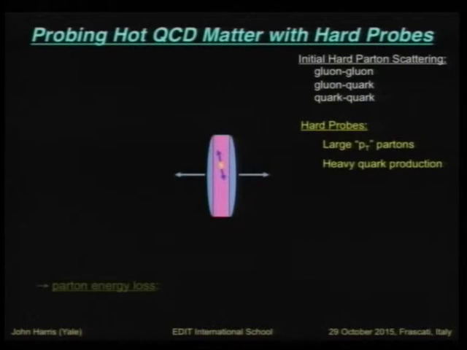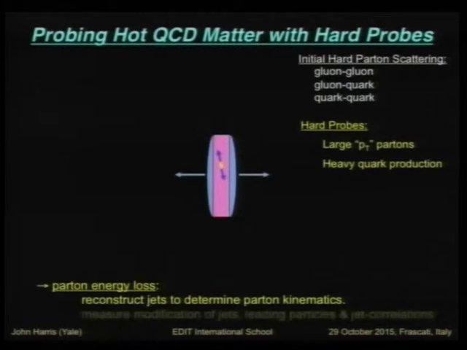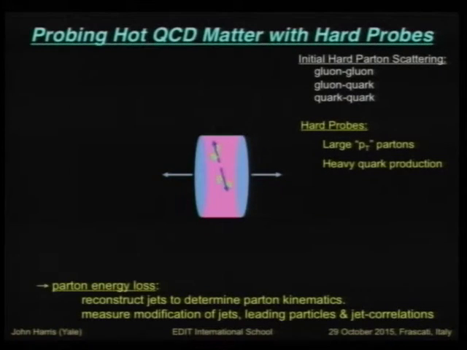And so what happens? As soon as you have a scattering, in particular if you look out to the side, you will notice that these partons have to propagate through this medium. And remember, the size of the medium is about 14 Fermi. So we look at the interaction, and we look at these partons when they come out.